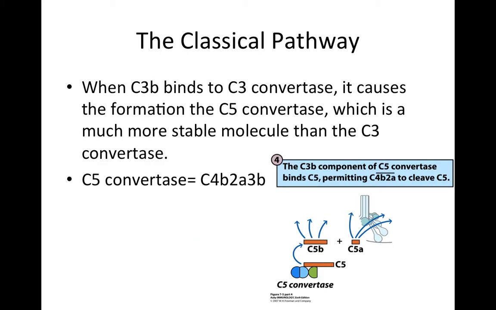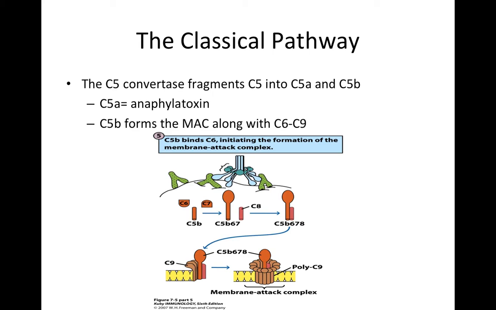The C5 convertase is a much more stable molecule than the C3 convertase, and it will cleave the C5 component into C5a and C5b. Once again, C5a is an anaphylatoxin, and C5b is the portion that will form the membrane attack complex.